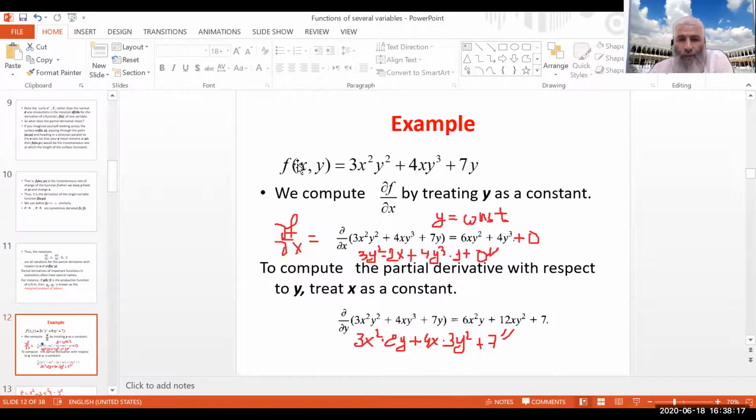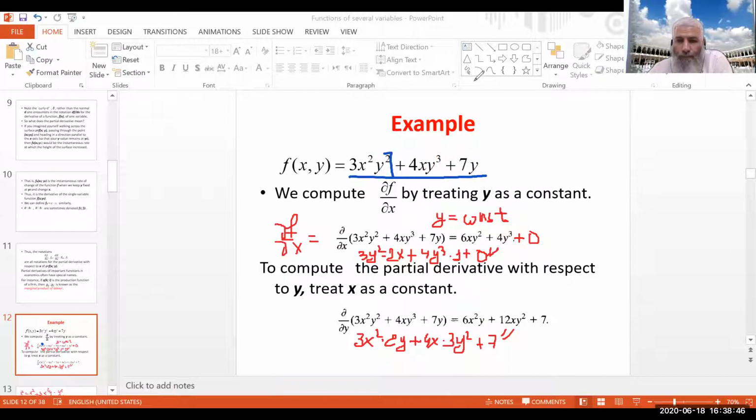Example: f(x, y) equals 3x squared y squared plus 4xy cubed plus 7y. We compute df/dx. So we need to have the derivative of this relative to x. We will treat y as constant.